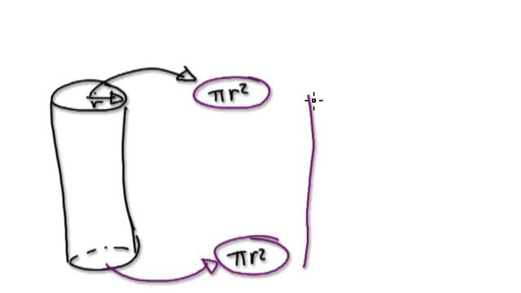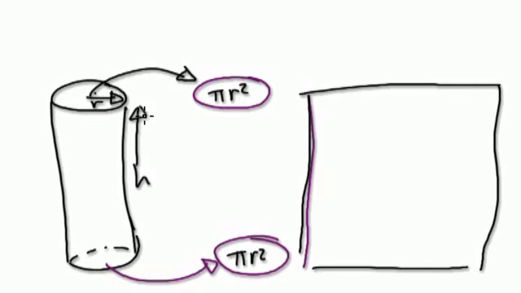Okay, so let's start again. We've got our cylinder here like this. Remember, we've just removed the circle here, and we'll remove the circle at the bottom. The radius is r, so the area is pi r squared here, and pi r squared here, and then we've got our flat sheet of paper.